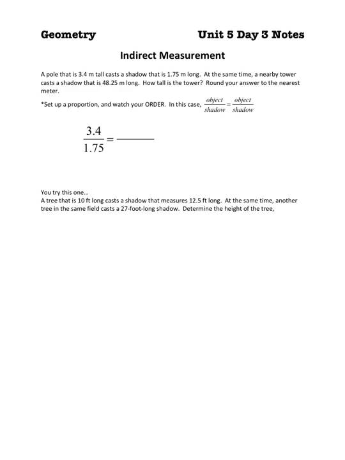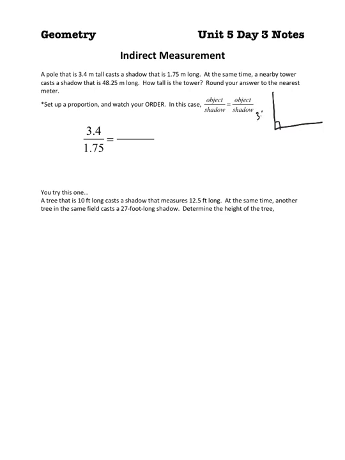You've got a pole 3.4 meters tall, casts a shadow that is 1.75 meters long. My suggestion for you is draw. Okay, I'm going to draw a pole and my shadow. It's a right triangle, we know this.